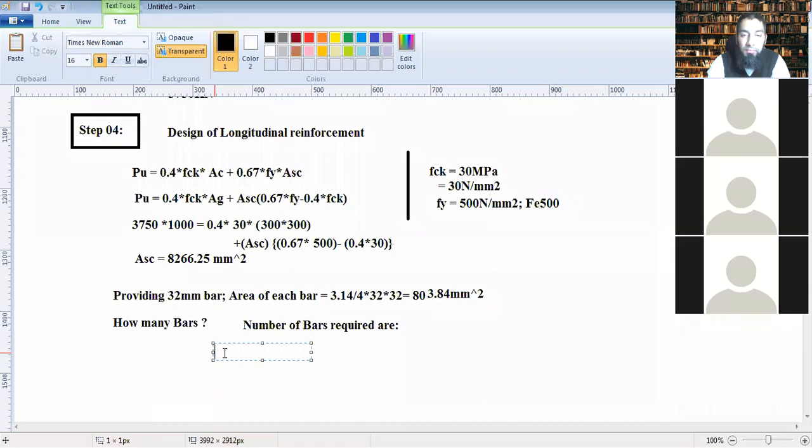Sir, 10.28 फिर 11 बार. You require 8266.25 divided by 803.84, and that comes out to be, just a minute, I have to attend the call.